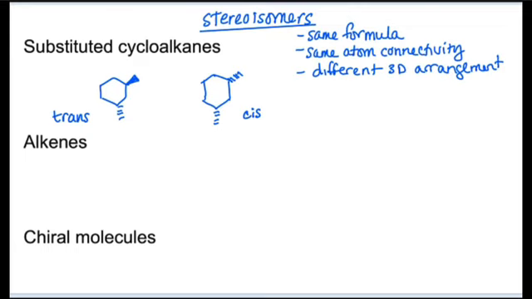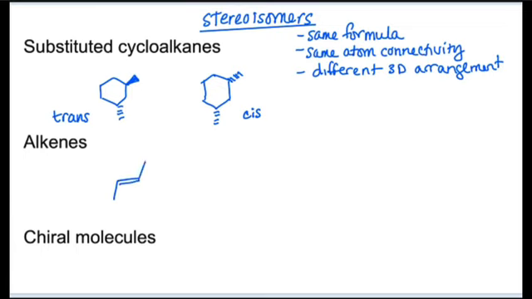You'd have to break a methyl bond off of the cyclohexane ring and put it back on the other face of the molecule. So for that reason, it qualifies as a stereoisomer.